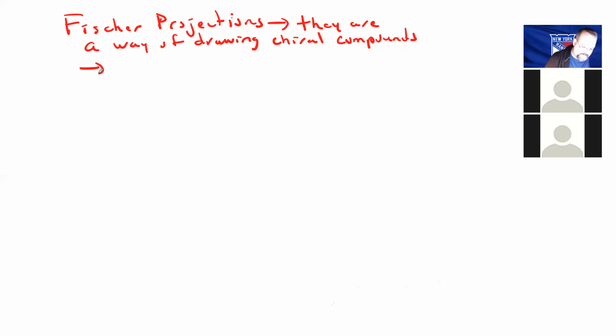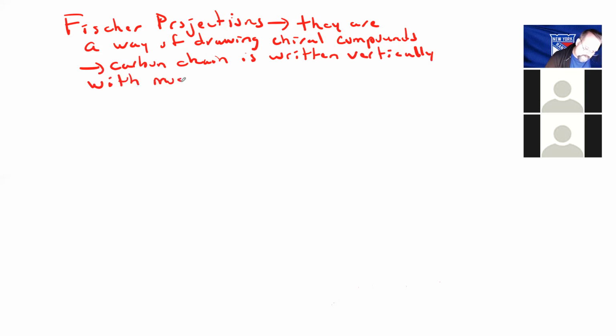One other important thing to mention is that in a Fisher projection, the carbon chain is written vertically with the most highly oxidized group towards the top.